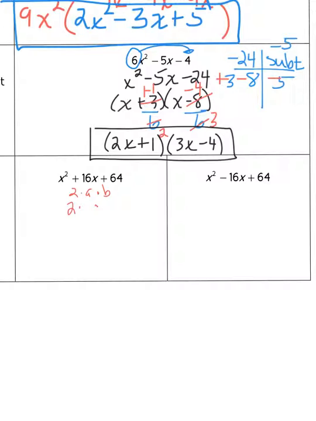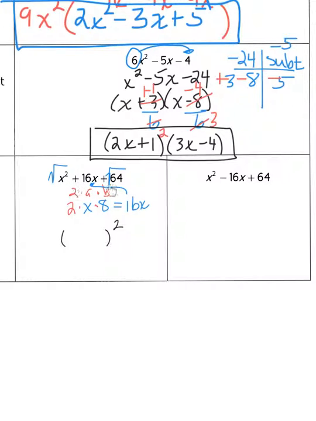To get my a and b, I'm taking the square root. So I take the square root of x squared, I get x, and the square root of 64, I get 8. If I multiply 2 times x times 8, I get a 16x, and that matches right there. So because it matches, I know that it factors into this parentheses squared.